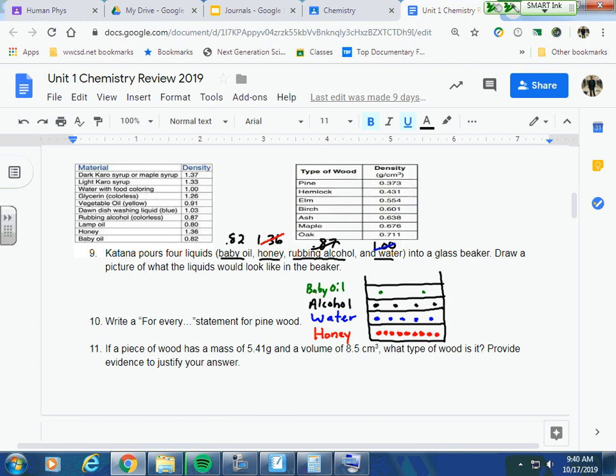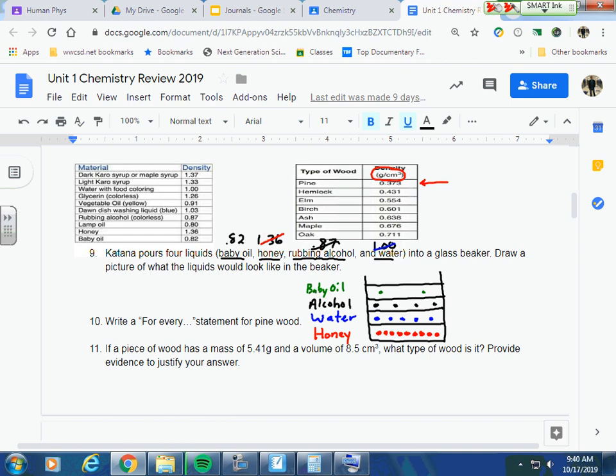And then number 10, write a for every statement for pine wood. So pine wood is right up here, and it has a density of 0.373. Got to pay attention to the units, grams per cubic centimeter.